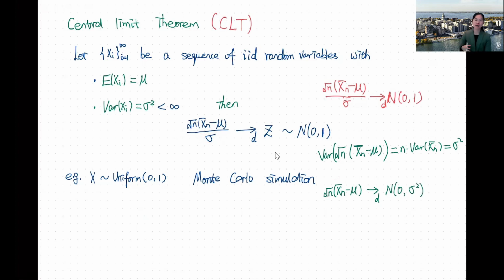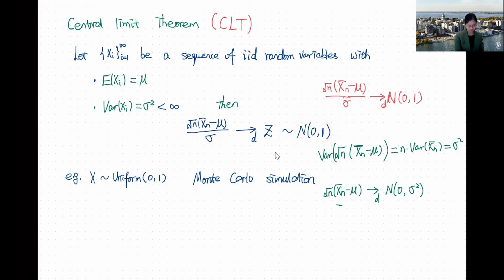And that is an interesting distribution using which you can calculate probabilities of certain events regarding X bar. We scale it by the inverse of sigma just so that we have a limiting distribution that doesn't depend on any parameter, and whose CDF we can look up from a table.